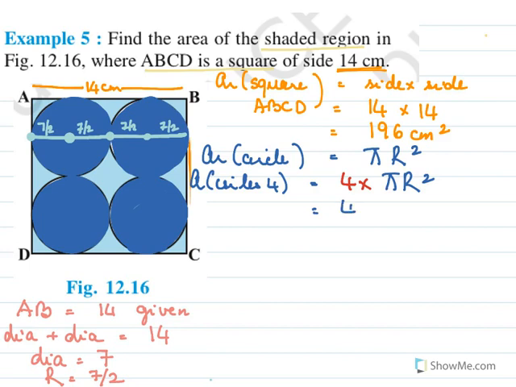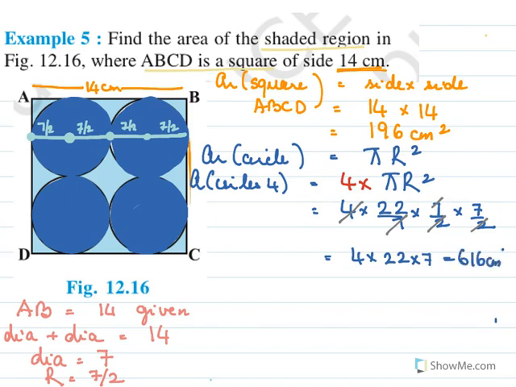Let's put the values. Pi 22 by 7, r square, 7 by 2 into 7 by 2. So we cancel this, 2, 2, 4. So this is equal to 4 into 22 into 7. So that is 616 centimeter square.